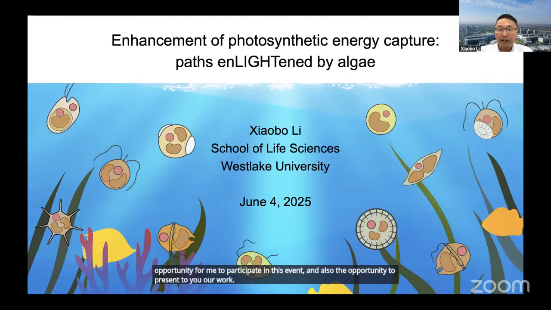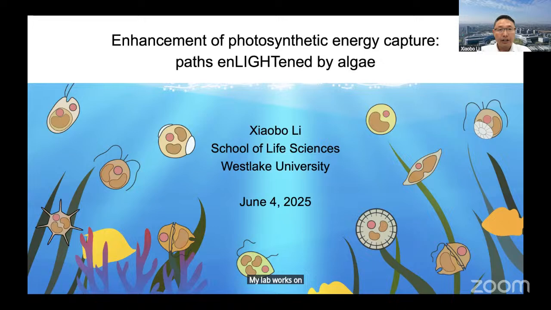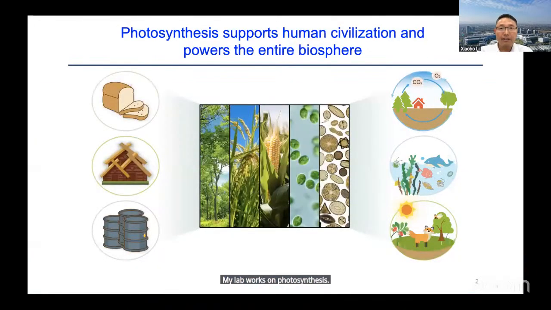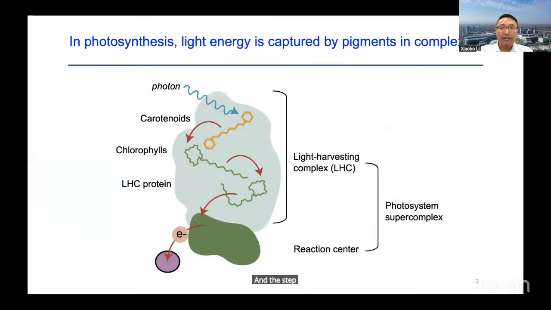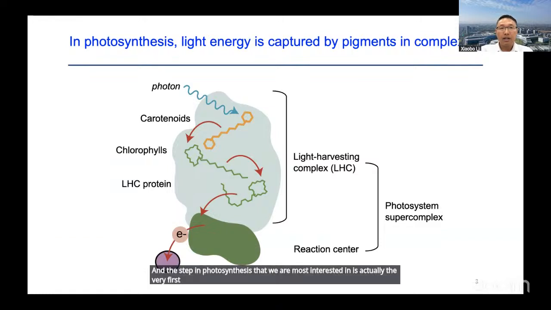My lab works on photosynthesis. Photosynthesis is the process that supports human civilization by providing various resources and powers the entire biosphere. And the step in photosynthesis that we are most interested in is actually the very first step, the harvesting of light energy, which is performed by the complexes known as light harvesting complexes.